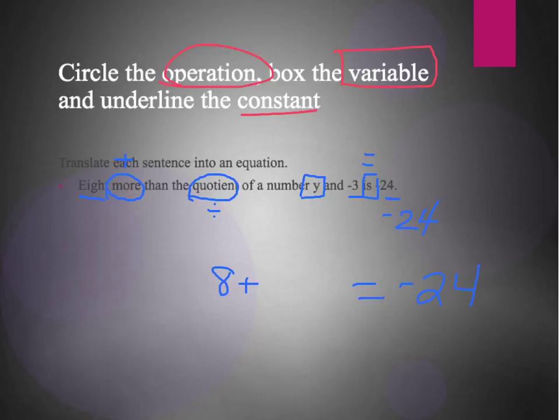I'm dividing y, so that's going to go on top because it comes first, and negative 3 is negative 24. 8 plus y divided by negative 3 is negative 24. And this is my final answer.